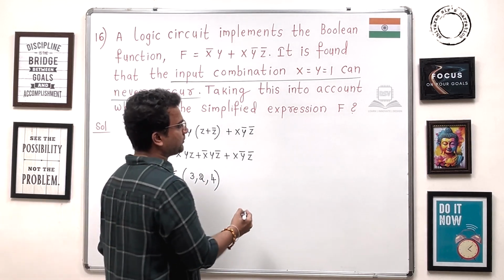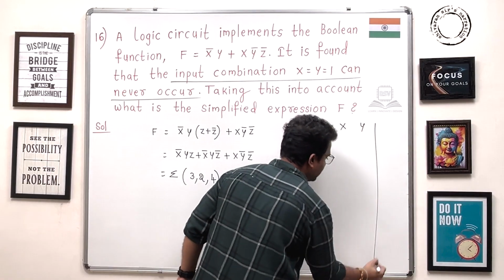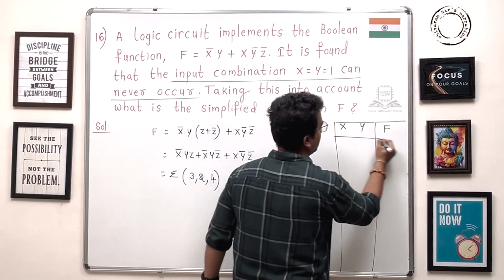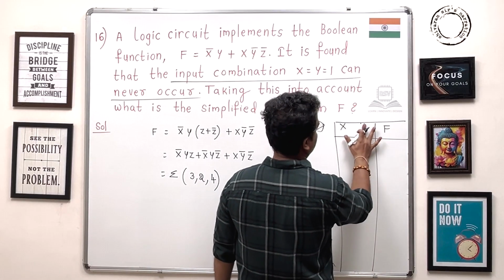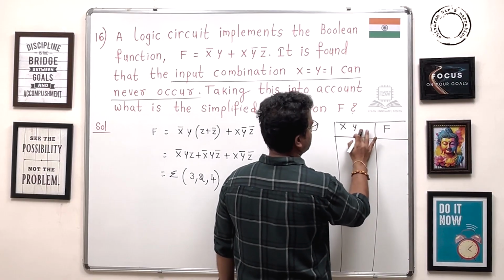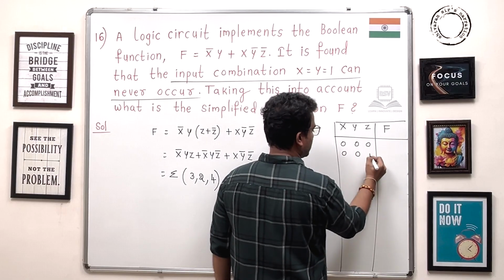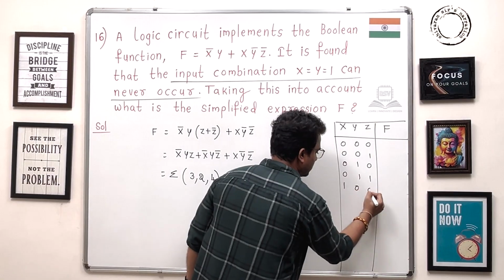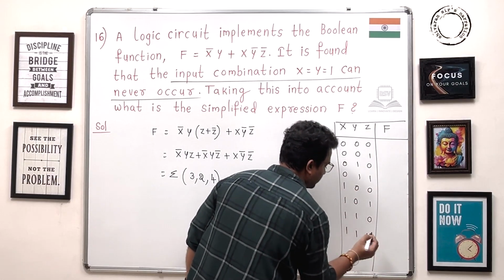Yes, let's form the truth table with x, y and f. It is x, y, of course z also, no? x, y, z. It is like 0 0 0, 0 0 1, 0 1 0, 0 1 1, 1 0 0, 1 0 1, 1 1 0, 1 1 1.